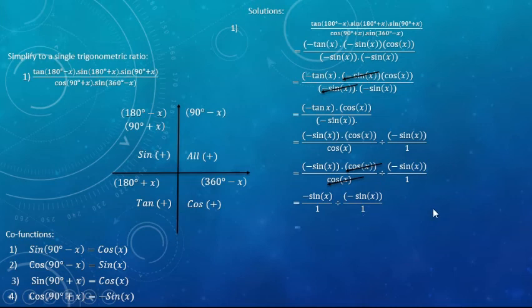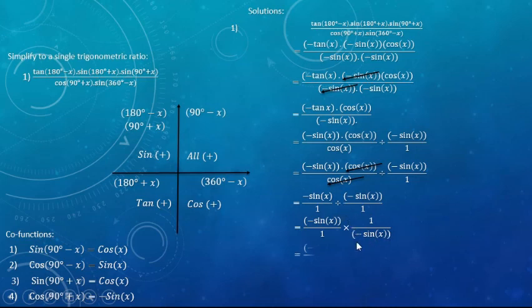The reason why I changed this division line into a division sign is so that whenever I change this division into multiplication, this will reciprocate: the denominator will become the numerator, and the numerator will become the denominator. That happens only when we change this division sign into a multiplication sign.